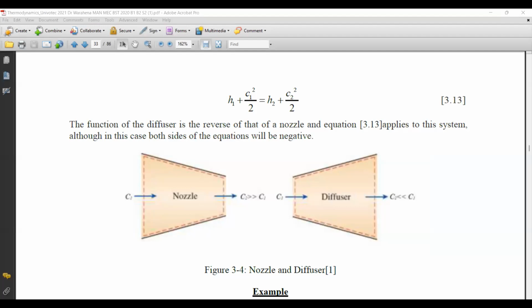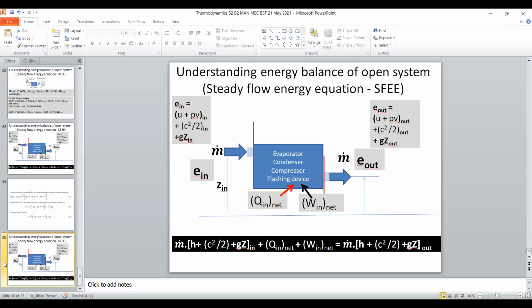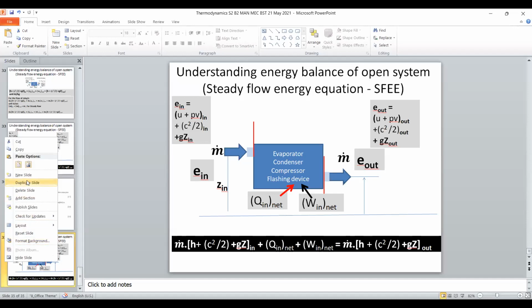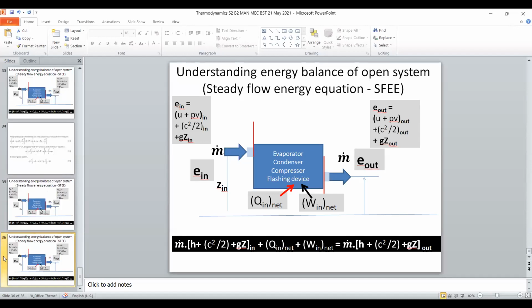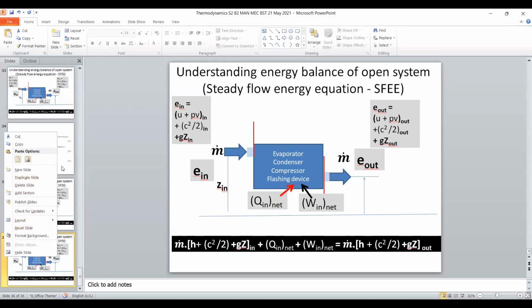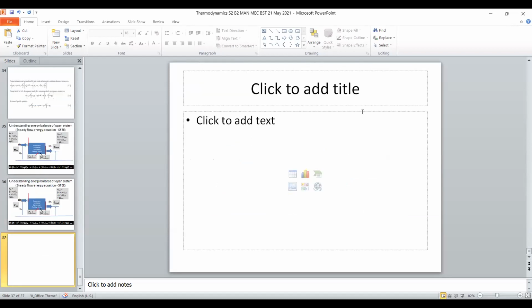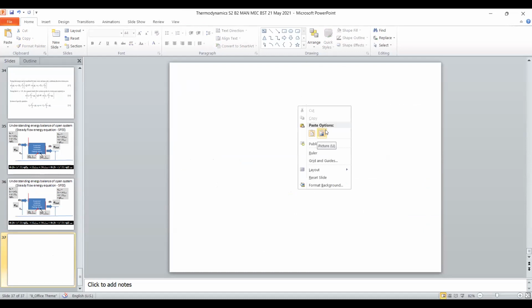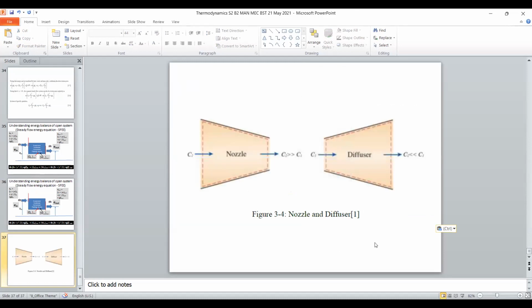Because there is flow in and flow out. So two components here. Nozzles and diffusers.